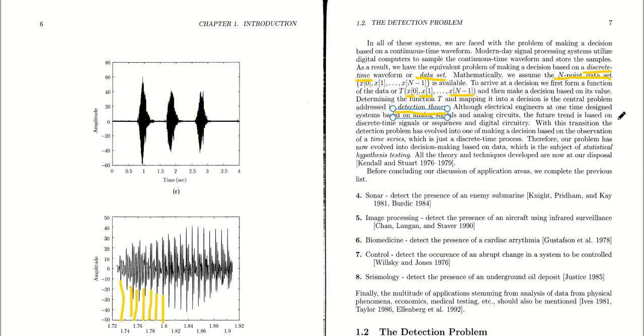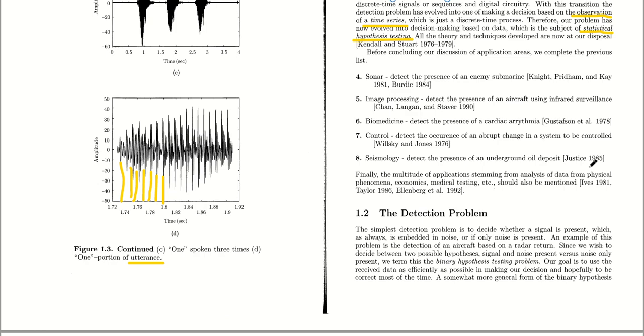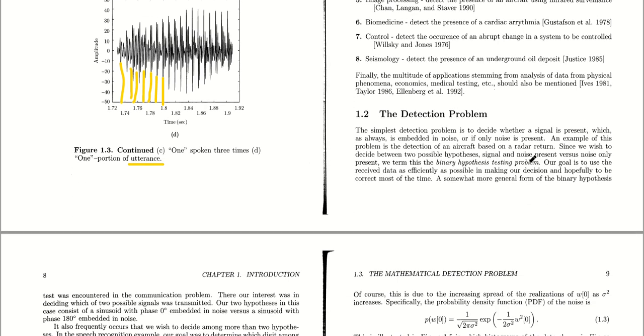Detection theory. The observation of a time series is a discrete time process. So our problem now evolved to a decision making based on data, which is a statistical hypothesis testing. Okay. Then the detection problem.